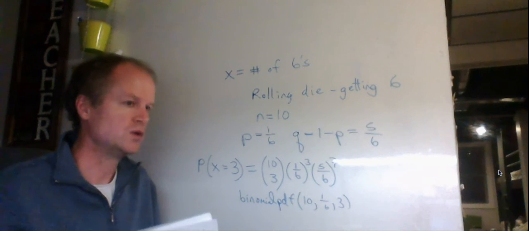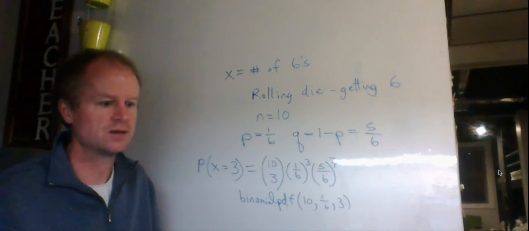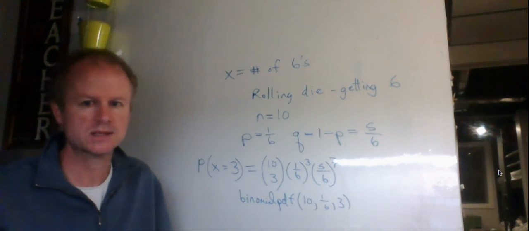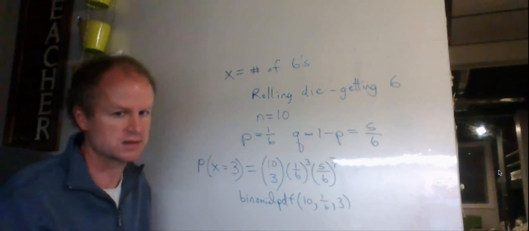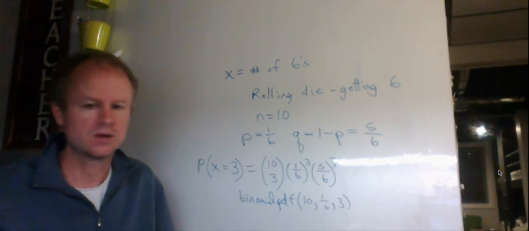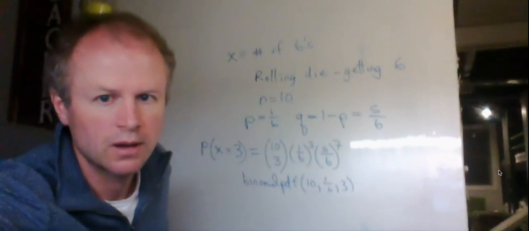You are going to need to make sure you have either the TI calculator on your Chromebook for your AP test, or that you know how to use Desmos, because Desmos can do this as well. If you have questions, send me an email. I'll be glad to help you.